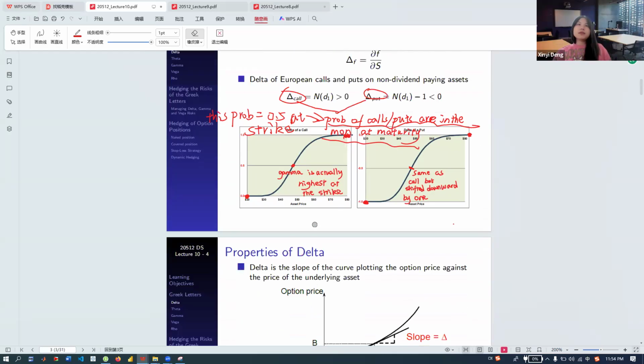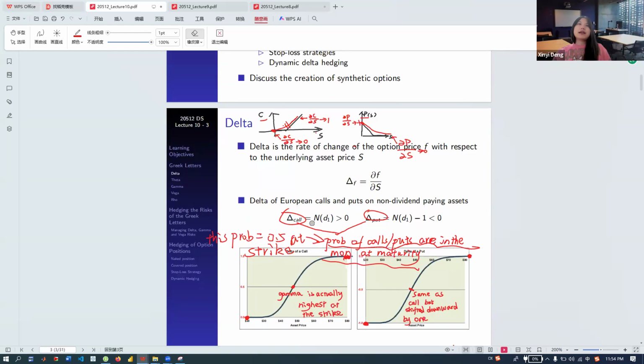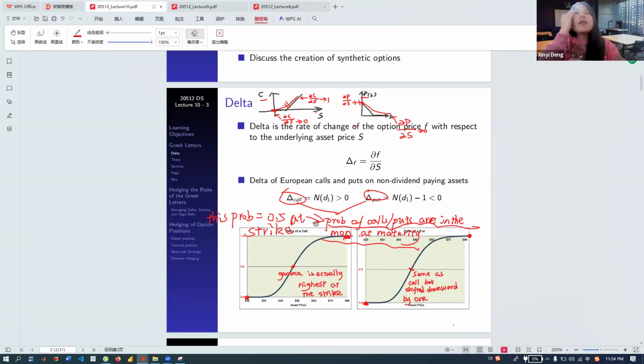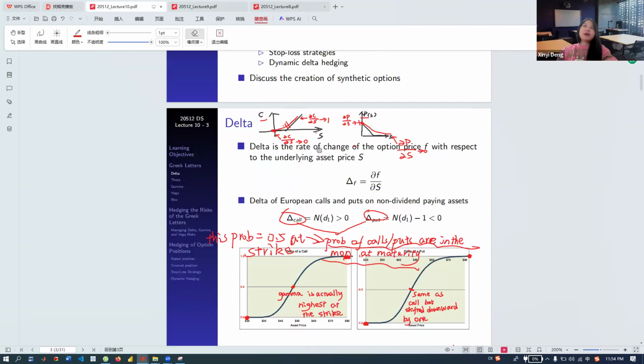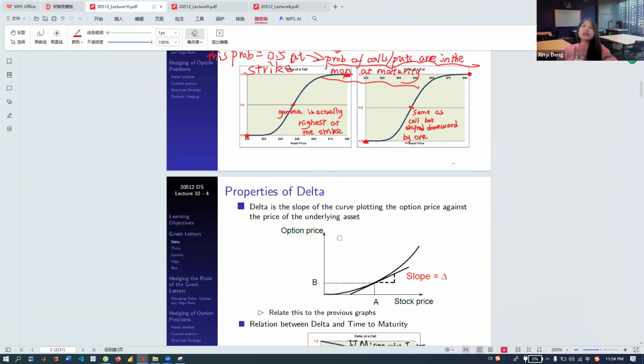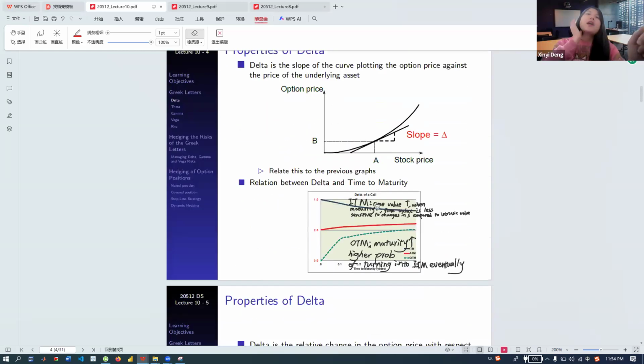Also, later we will see that gamma, the first order derivative of delta with respect to S, or the second order derivative of F with respect to S, is highest at the strike. I'll show you that later, but for now, that's the delta.